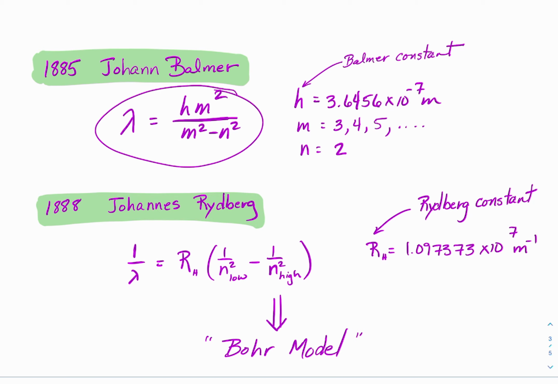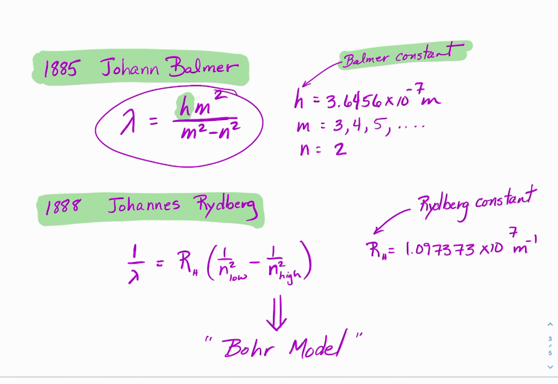Now don't be confused by this h. It is not Planck's constant. Instead, at the time, he called this Balmer's constant. We do not use an h for that, or even really this equation, anymore. So this is here just for you to be able to view.